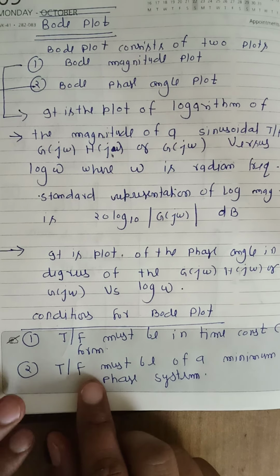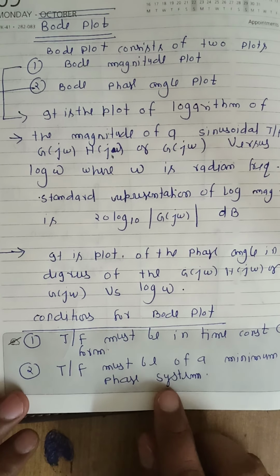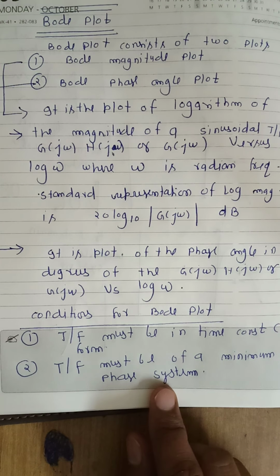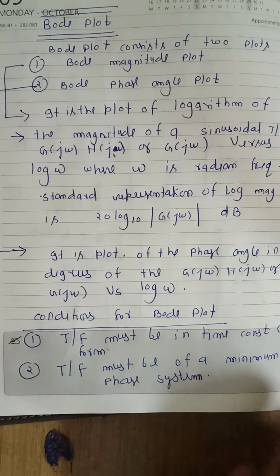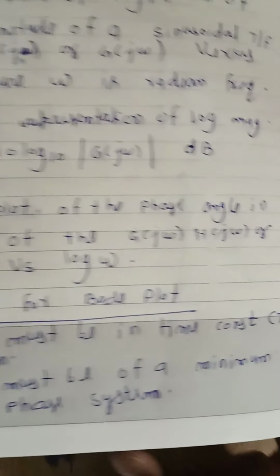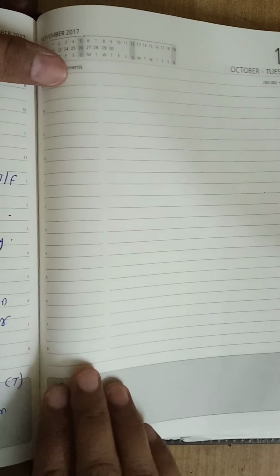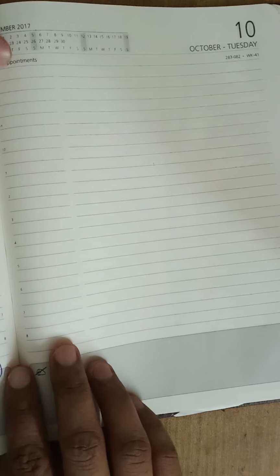Second, the transfer function must be of a minimum phase system. Minimum phase system means a system in which all poles and zeros are in the left half of the S-plane.